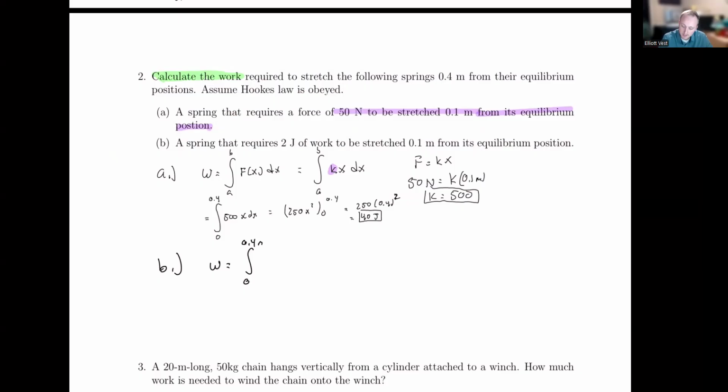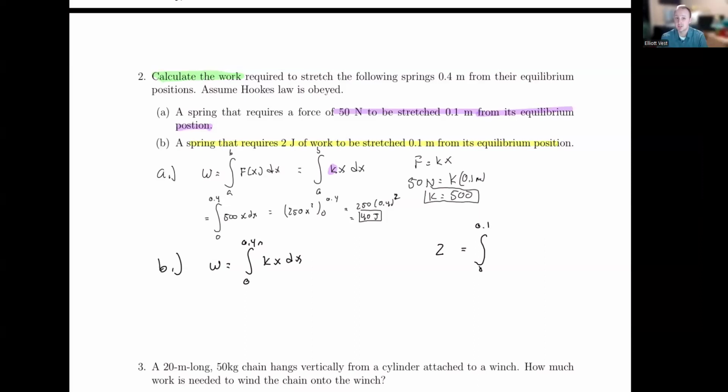So this is what we're going to find. What does this information give us here? Well, it takes 2 joules of work to stretch 0.1 meters from its equilibrium position in this different spring.